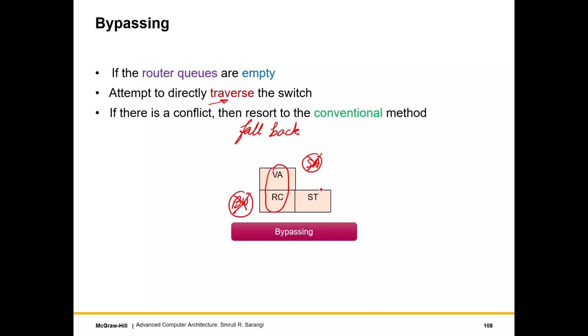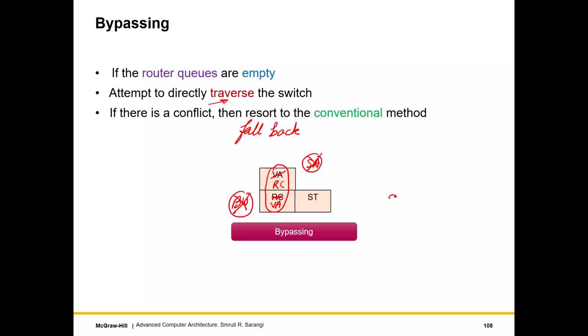VA and RC still have to be done because we are still assuming Lookahead routing. Maybe what would have been slightly more accurate is to write VA over here and RC over here to indicate that it's still not in the critical path, but you get the idea.